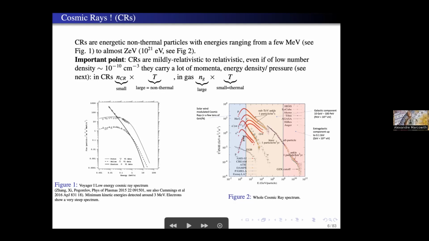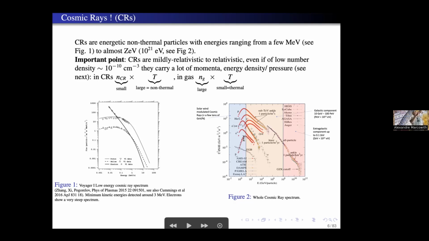At about 10 to the 8 GeV, that means around 10 to the 17 electron volts, particles are mostly confined in our galaxy, so they are coming from our galaxy.